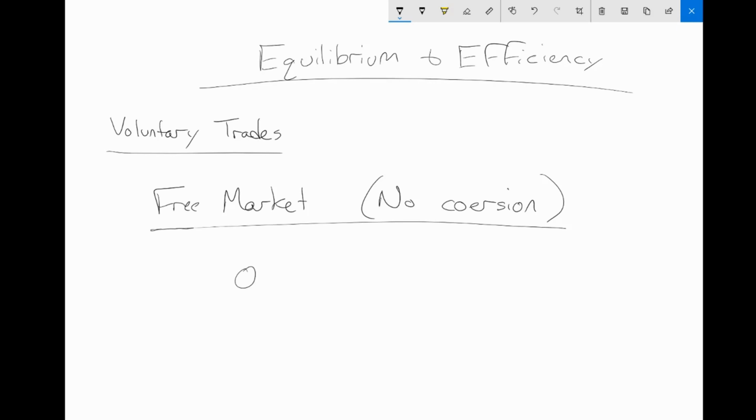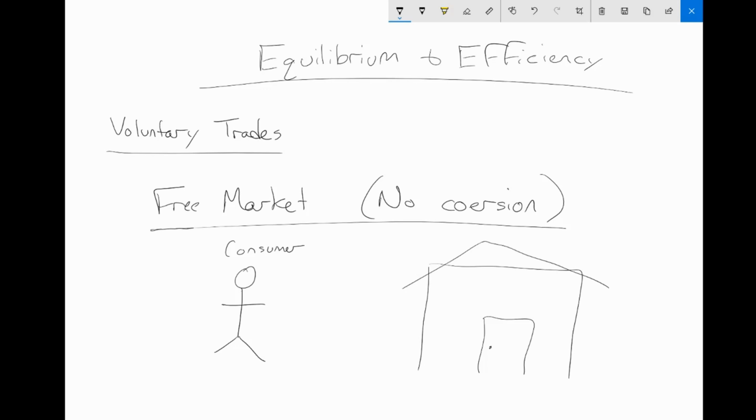Imagine that we have two agents. We have a consumer, and then we have a business. It's kind of like what I mentioned a minute ago with the grocery store.